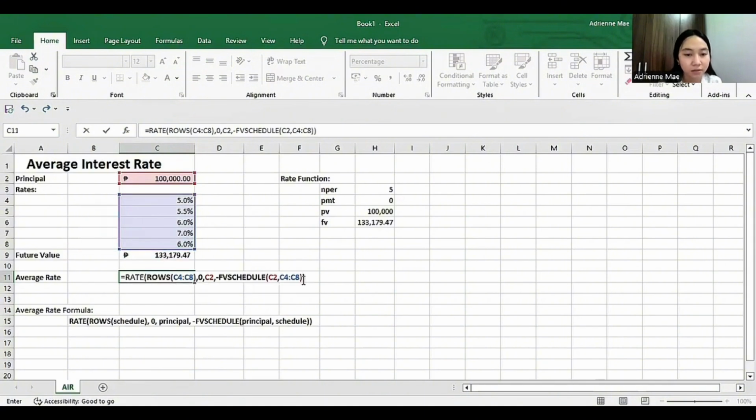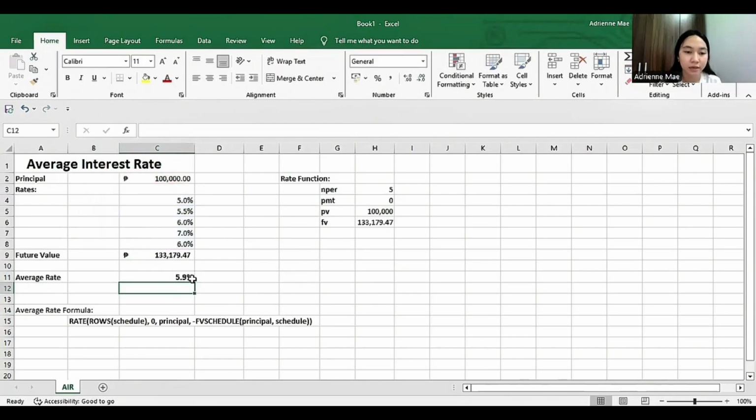And close parenthesis. So, pag in-enter natin, yan. Makikita is 5.9%, which is yung average rate.